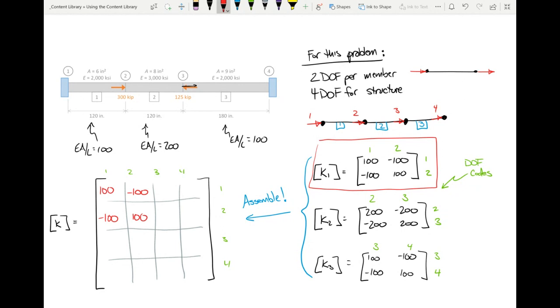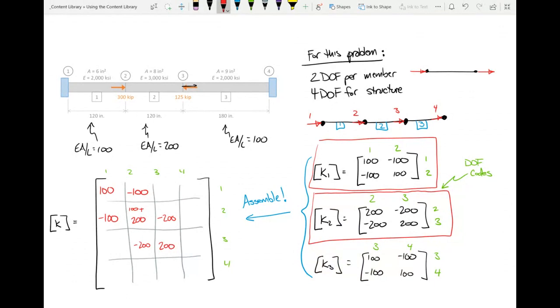Now let's look at the next member. I start labeling them in. So this is negative 200, this is negative 200, this is 200, but what happens right there? I've got 2 terms lapped on top of one another, and so in this instance, I would add.